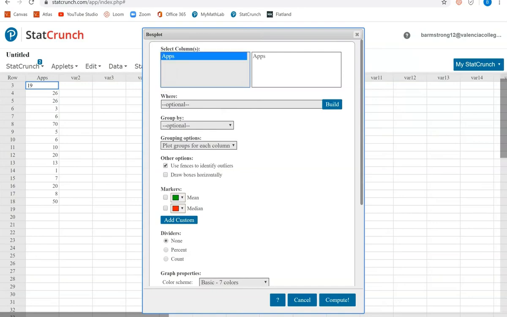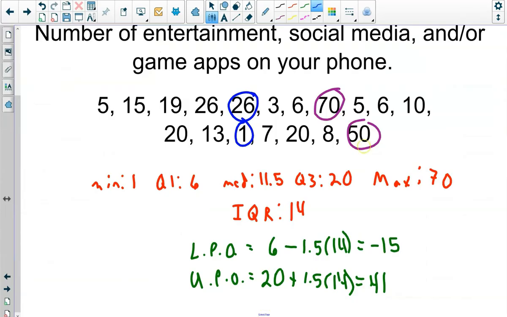Some other things that you can do. I don't mess with a lot of things. Right here, this is already selected, which means it's going to perform that outlier formula that we saw. StatCrunch is automatically going to recognize that 70 and 50 are above this 41.